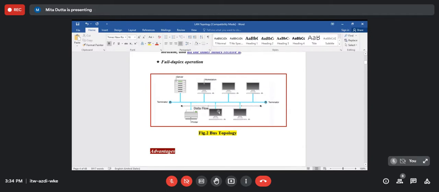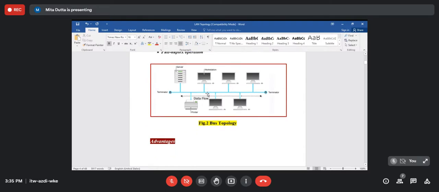So there is a technique to ensure that only a particular workstation receives the information. When any workstation sends an information to another workstation, it will mention the address of that particular workstation.